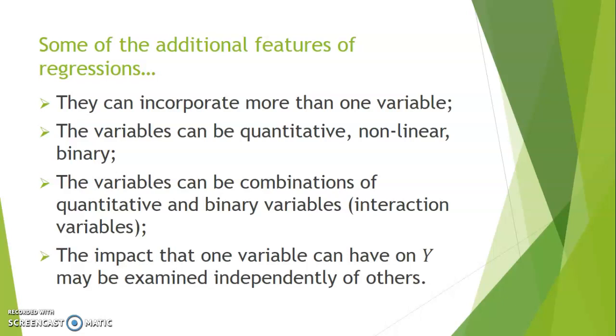The variables can be quantitative, linear, or nonlinear, and they can also be binary. Variables can be combinations of quantitative and binary variables, which we call interactions, and the impact a variable has on y can be examined independently of others.